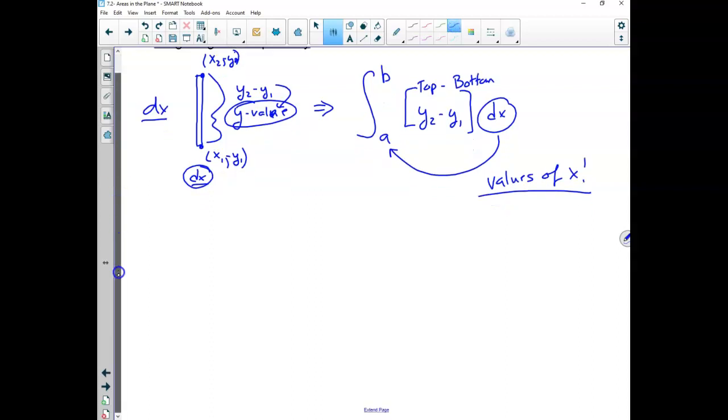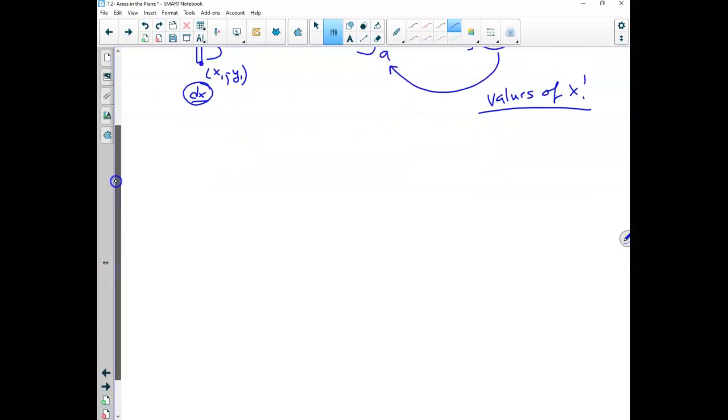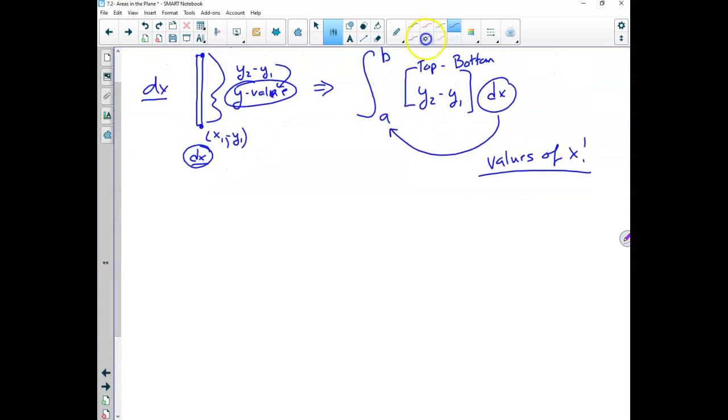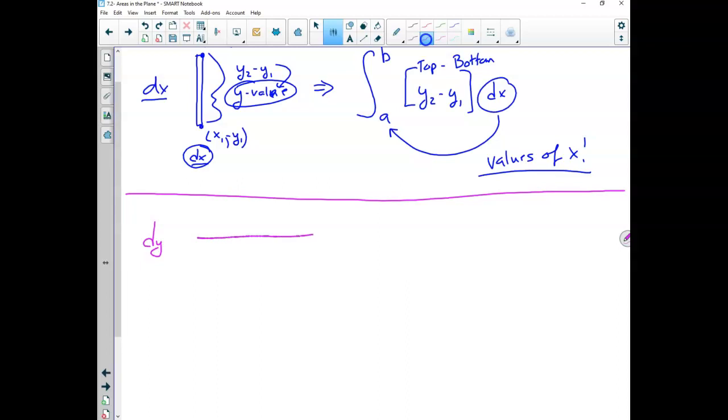Well, if I spin this the other way a little bit, which we're going to do, and I want to integrate with respect to dy, okay, all that's doing is laying a horizontal rectangle where the thickness or the width of my rectangle is dy, and my height or width, that's going to be an x value, okay?